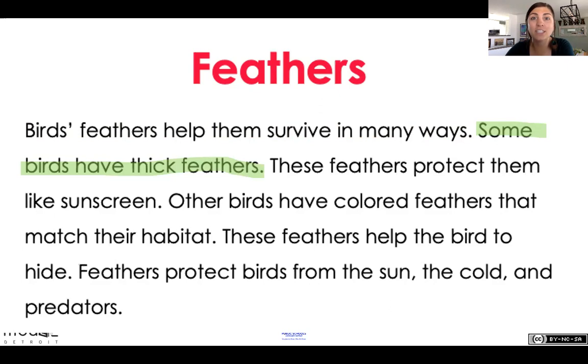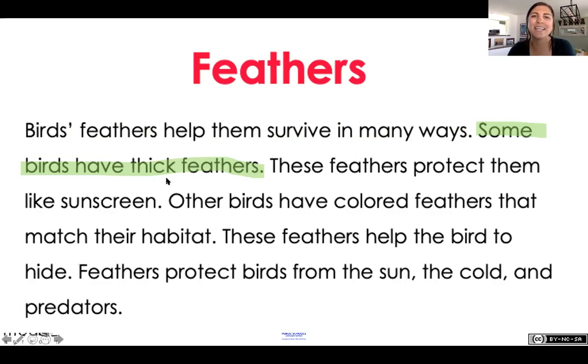Thick is going to be a descriptive word. It's going to be an adjective. So that adjective is telling us, what are the feathers? Oh, they're thick. They're not thin feathers. They're the thick ones. So everybody say adjective. Say thick. Thick is an adjective used to describe what? Feathers, yeah.